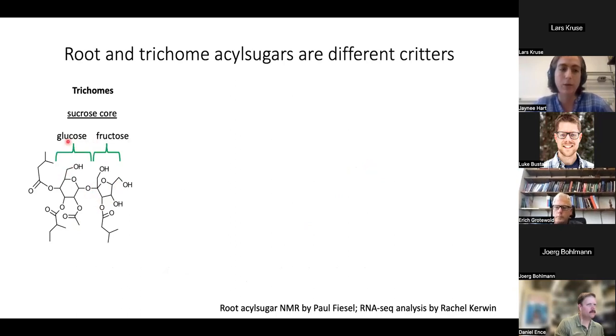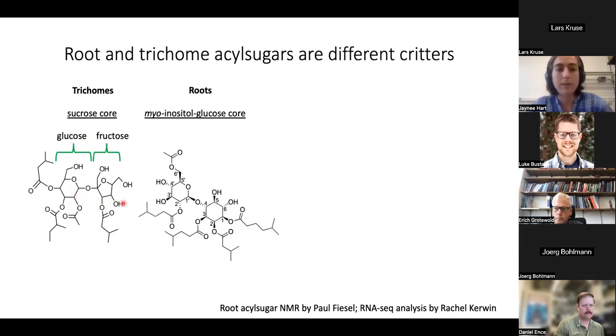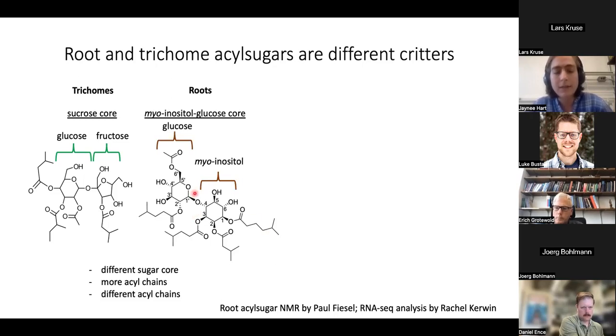It's composed of glucose and fructose subcomponents, whereas what we see in the roots is a very unusual myo-inositol glucose core, where it is a disaccharide, but it's composed of glucose and myo-inositol instead. And just to emphasize the difference between these acyl sugars that we find in these different tissues of the same plant is that you have a different sugar core with more acyl chains and different acyl chain identity between them.